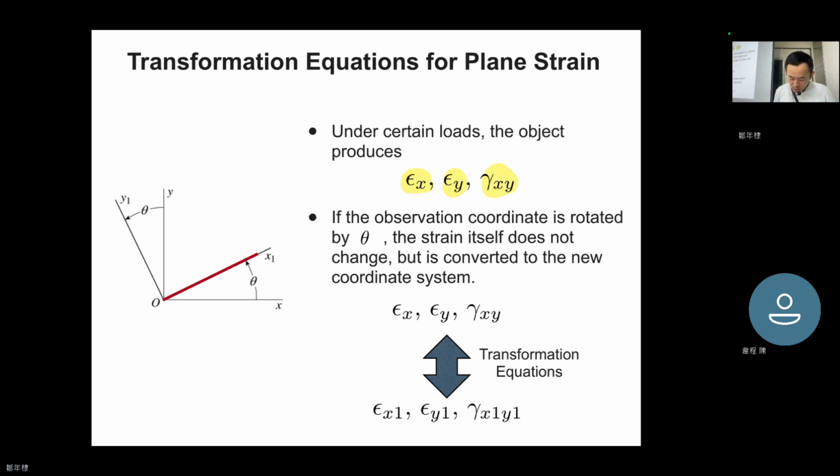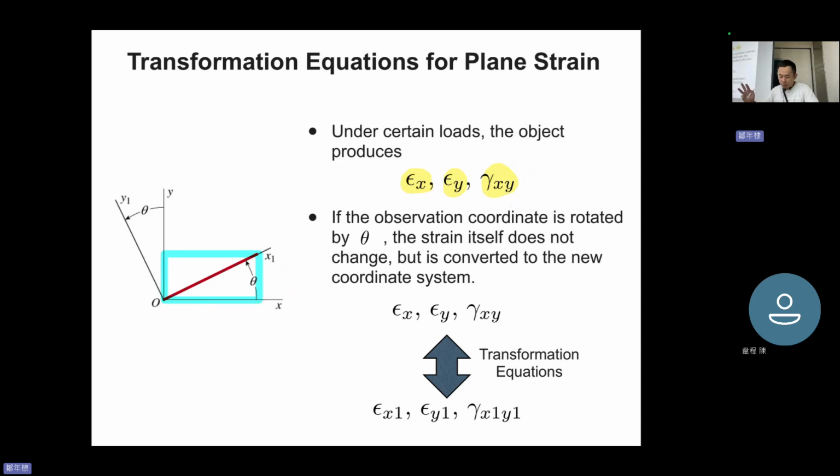So this is x and this is y, and this is x1, at angle theta.